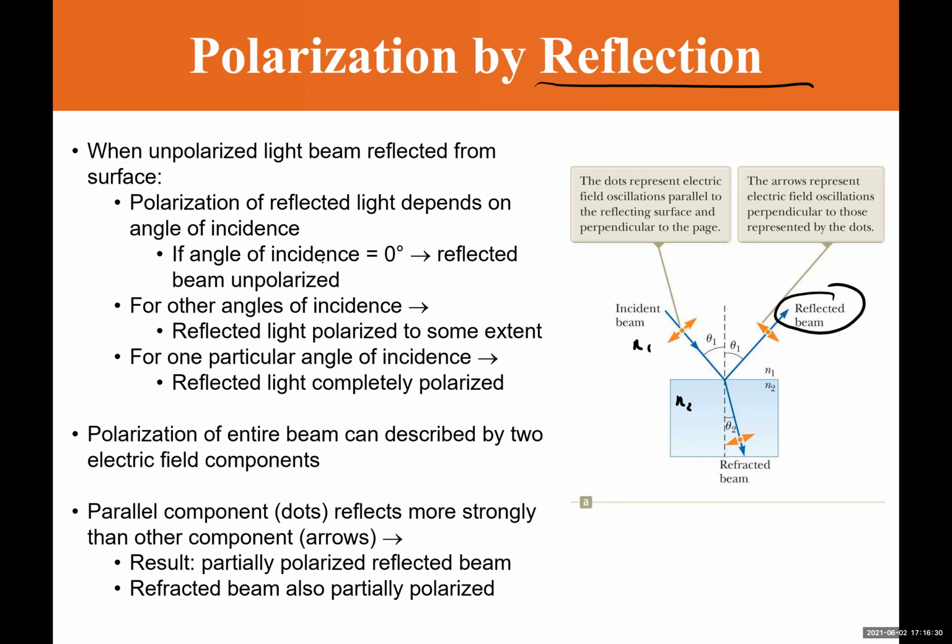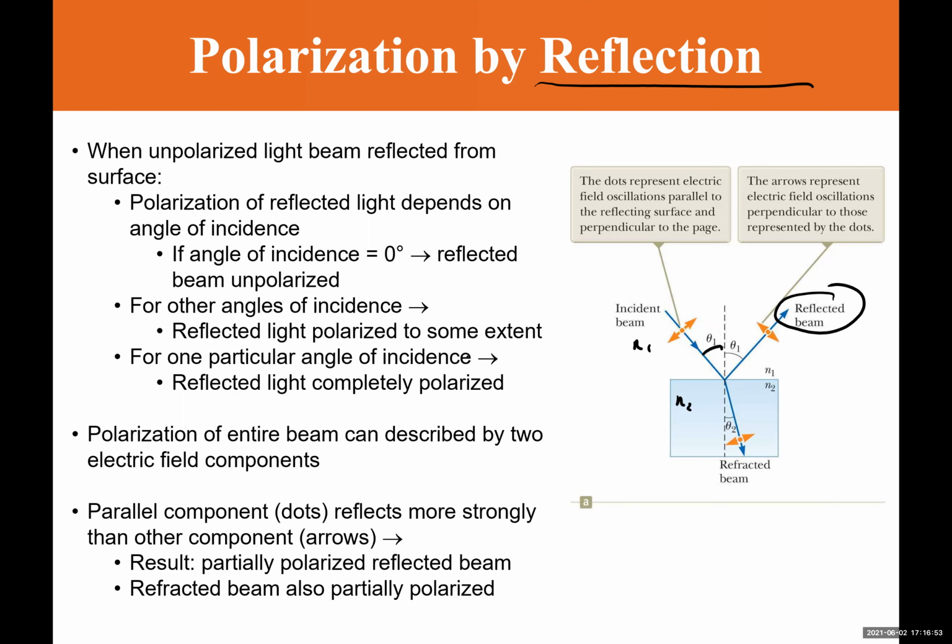If the angle of incidence is 0, the reflected beam is unpolarized. That means if it comes in like this, and then light goes back a little bit like that, reflected and refracted, this is not polarized. For other angles of incidence, where theta 1 is not 0, the reflected light is polarized to some extent.